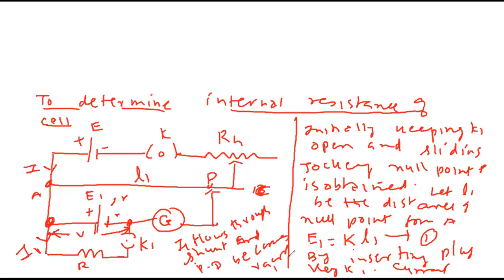Please copy this much. Potential difference becomes V across battery. So when K1 is open, the potential difference across the battery is E1. When K1 is closed, it becomes V.